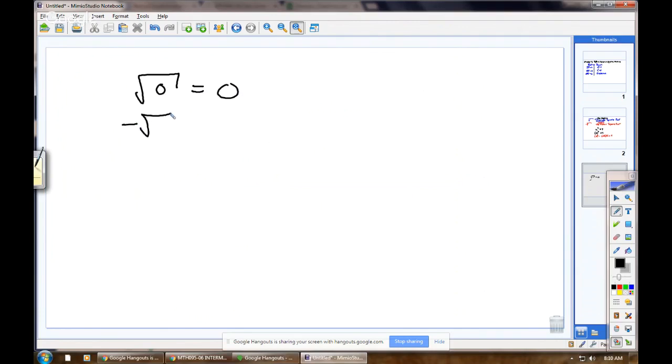And the other square root of 0, well, order of operations here: a negative in front like that really means negative 1 times whatever comes next. There's an implied parentheses around this because of that symbol encasing it. So I have to take the square root of 0 first. The opposite of 0 is still 0. So 0 is the only number whose other square root is the same thing. Every other number has 2 square roots, sort of.